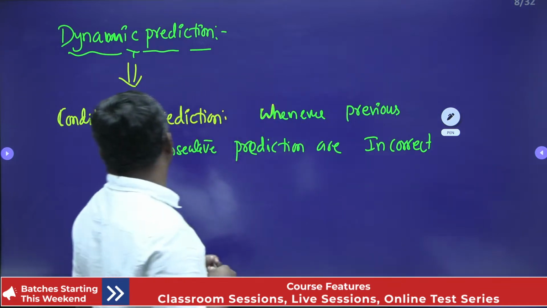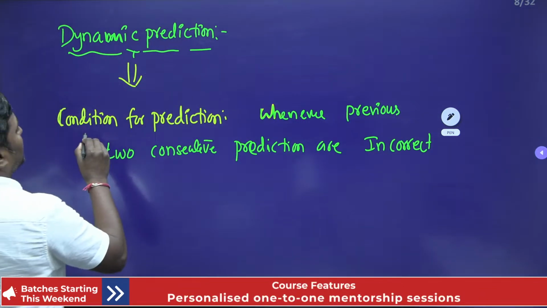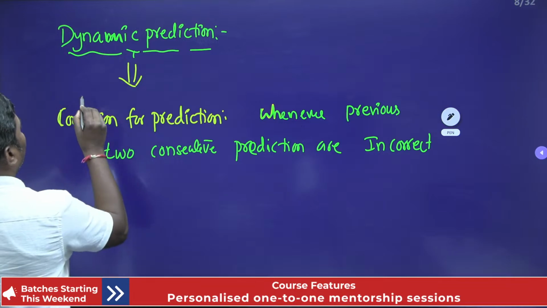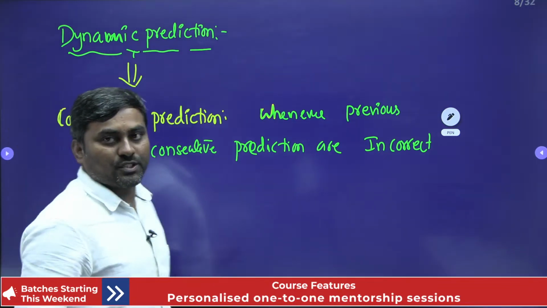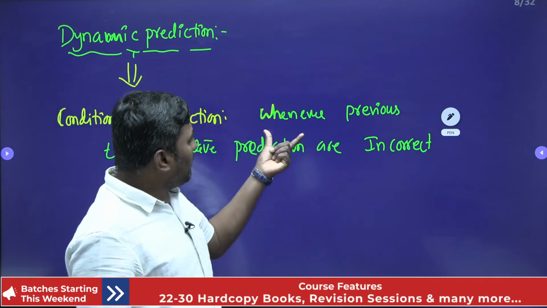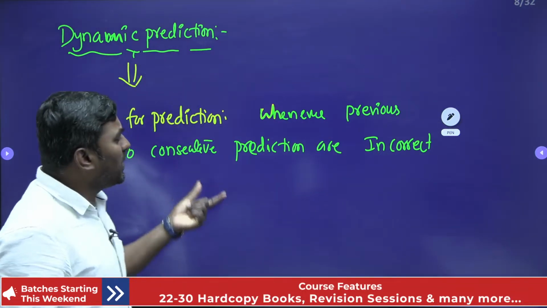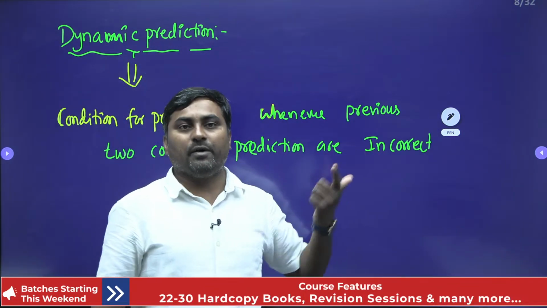Meaning, this is the condition for when to change the prediction. When to change the prediction? Very simple. Whenever the previous 2 consecutive predictions are incorrect, change the prediction.